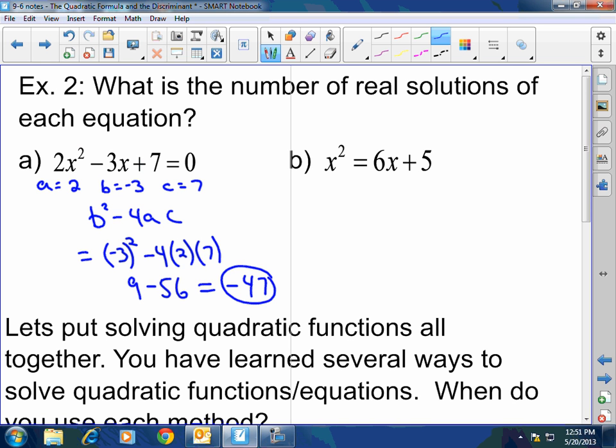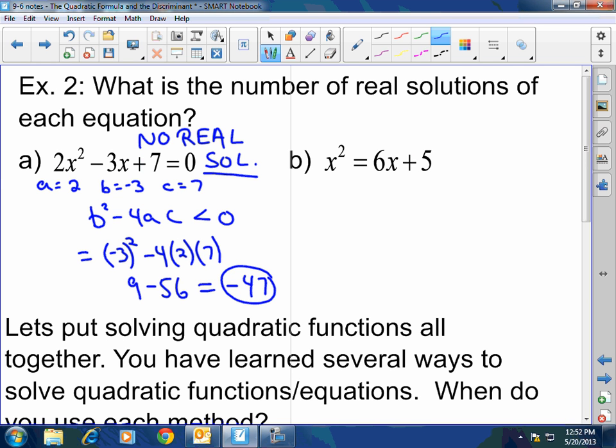Well, when b squared minus 4ac is less than 0, there are no real solutions. So there are no real solutions for A, because the discriminant, the b squared minus 4ac, is less than 0. It's a negative number.